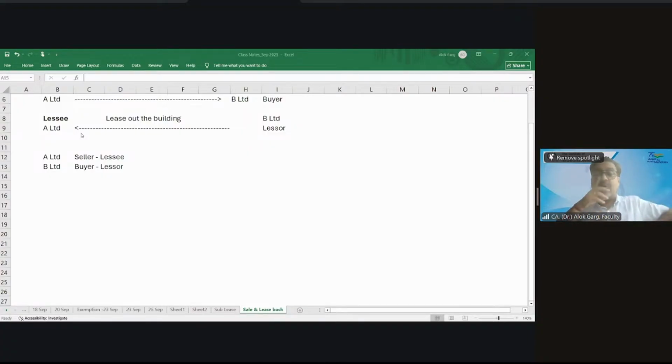The seller has sold the building with a right to repurchase. And the seller said you can't sell this building to anyone, I will purchase this building at a predetermined price, let's say XYZ.